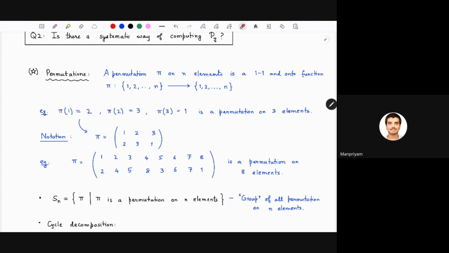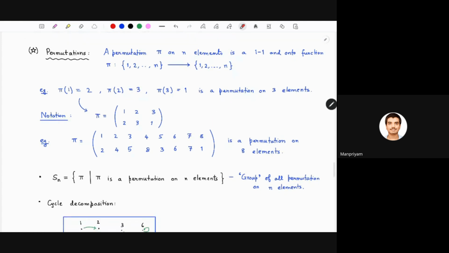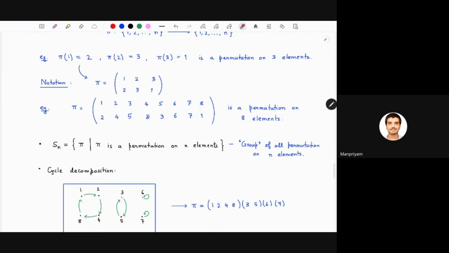And there's a nice way to pictorially denote such permutations. You make an array: you write 1, 2, 3 on top, and below, 1 goes to 2, 2 goes to 3, 3 goes to 1. And you can have a larger one, say something like this. It's a permutation on 8 elements.